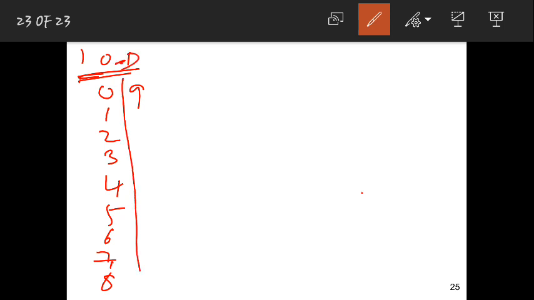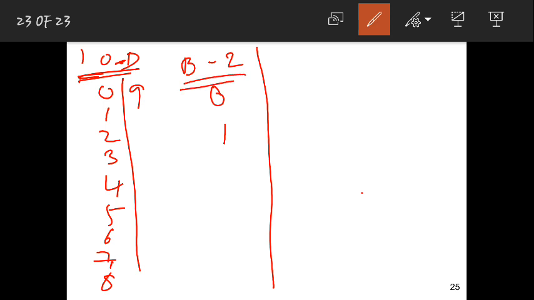It will start from 0, 1, 2, 3, 4, 5, 6, 7, 8 and 9. Next, coming to binary, it has 2 symbols, that is 0 and 1.